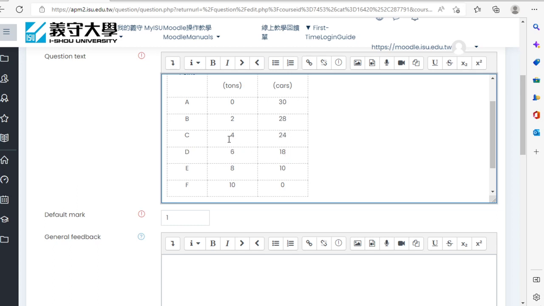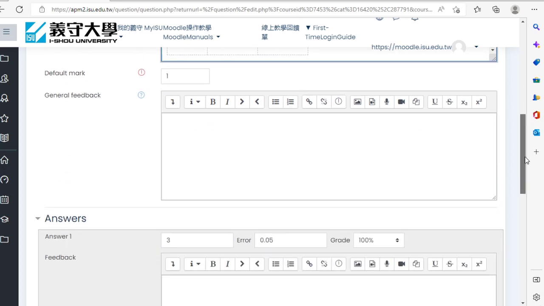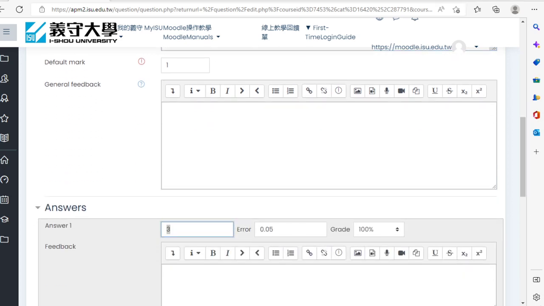That's extra 2 tons of grain at the cost of 6 cars. So each of those tons of grain comes at the cost of 3 cars. So the 5th ton of grain will have an opportunity cost of 3 cars.